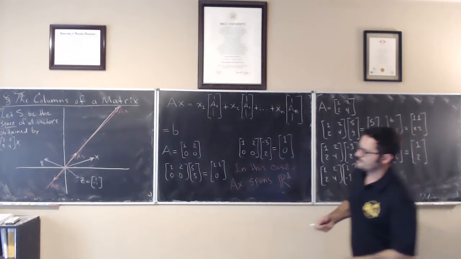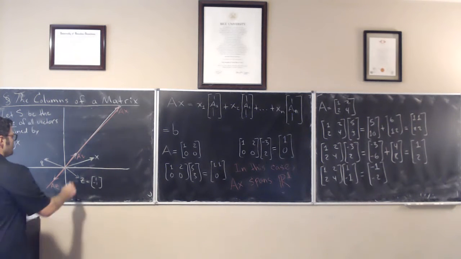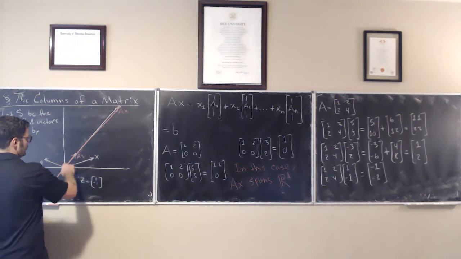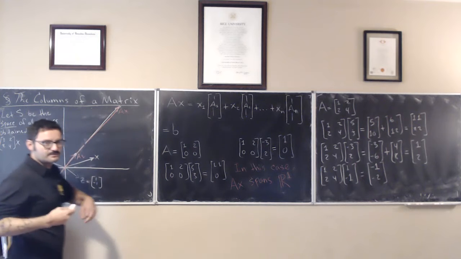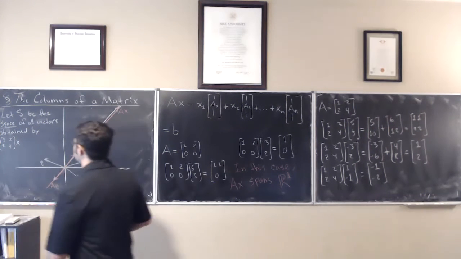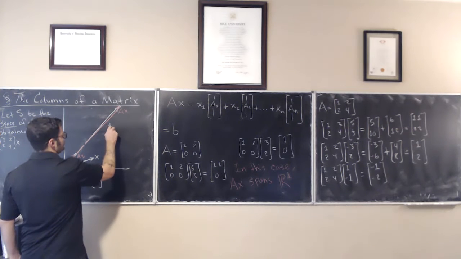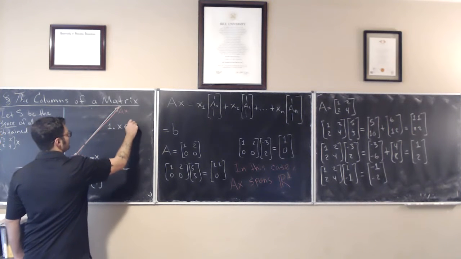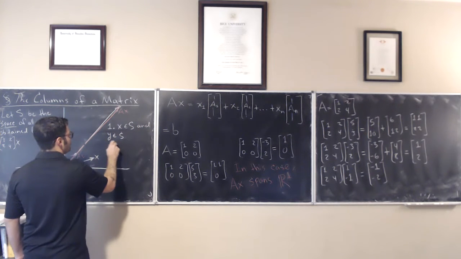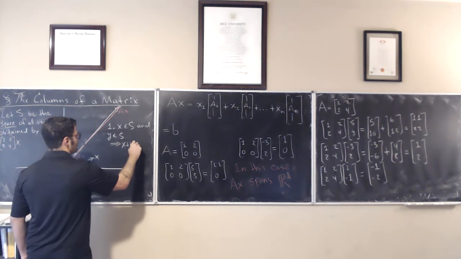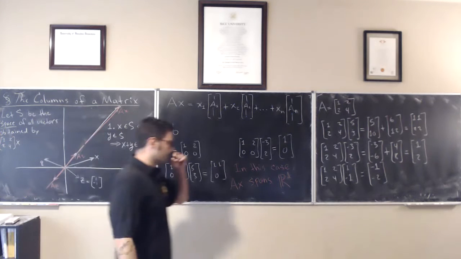What's interesting about this line is that if you pick any vector on this line and you add another vector on that line, you're going to get a vector on that line. So the things to note: x in S and y in S imply x plus y is in S, because if you add any vectors, they're going to be on that line.